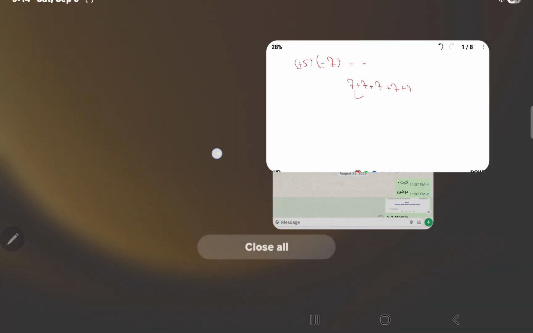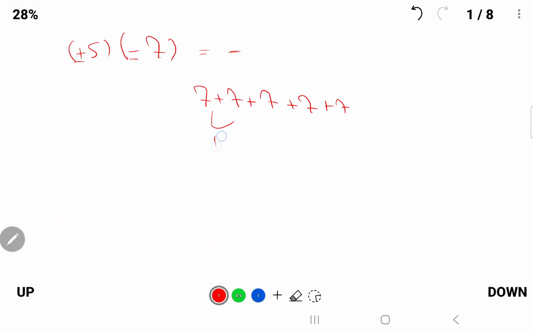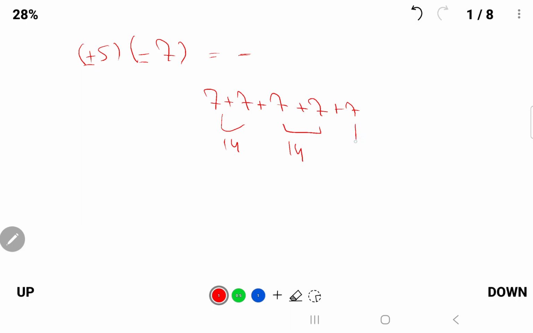And 7 plus 7 is equal to 14. 7 plus 7 is also equal to 14, plus 7. 14 plus 14 is equal to 28, plus 7 is equal to 35. So the final answer is minus 35.